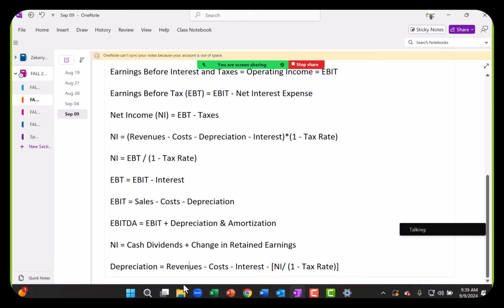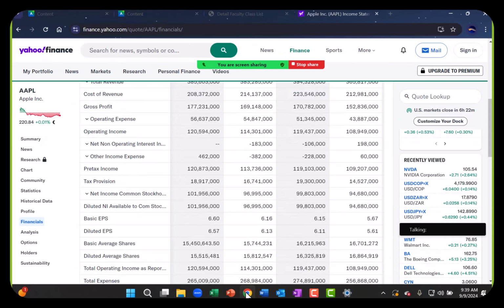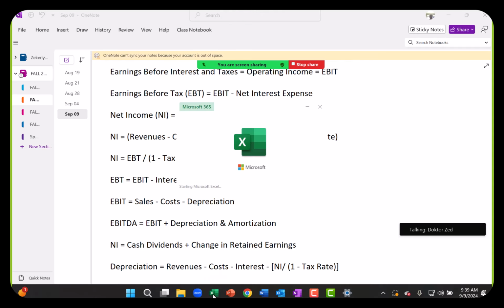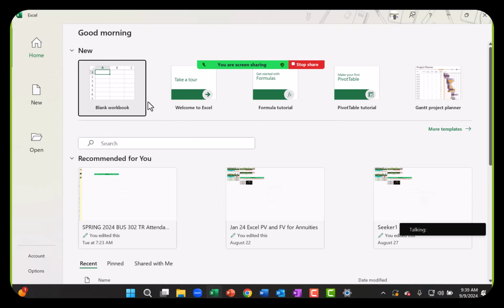That would be an algebraic solution. Or alternatively, you could do goal seek. You could let Excel solve it for you. Let's do a quick example.